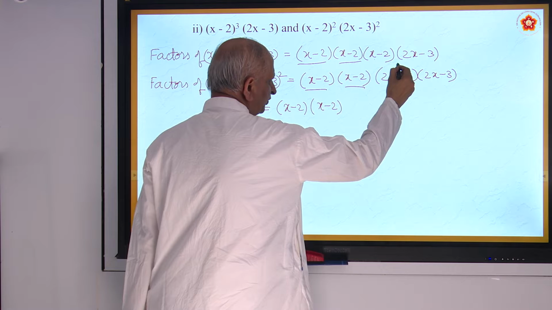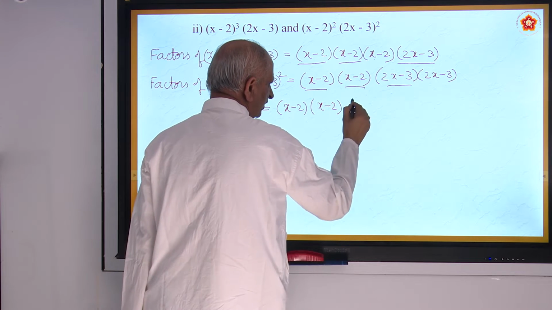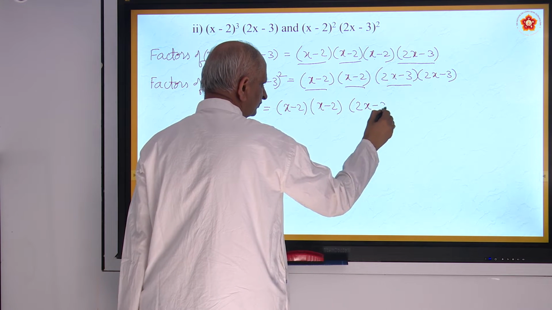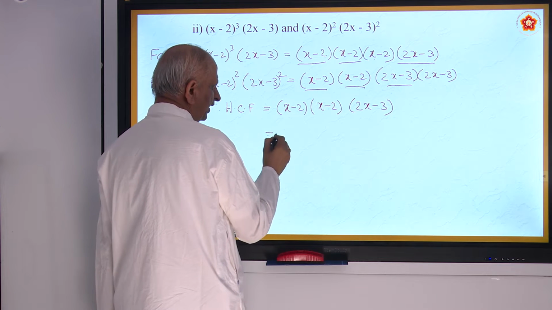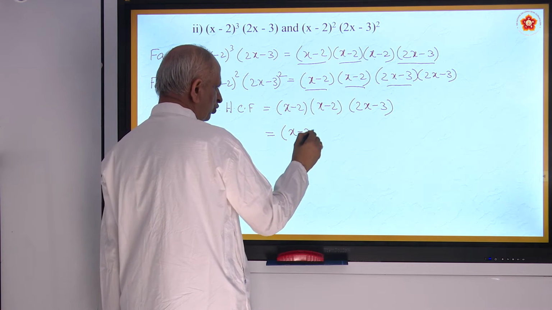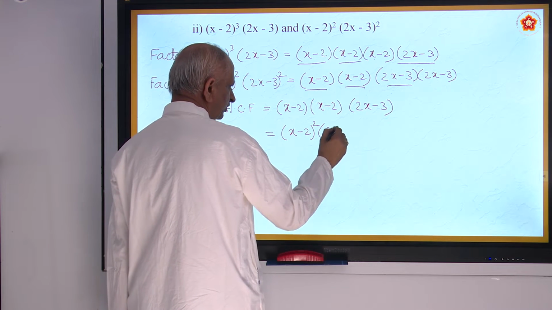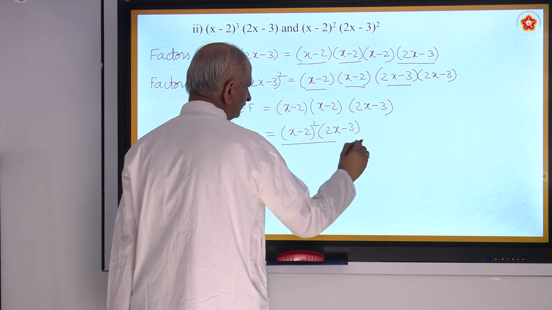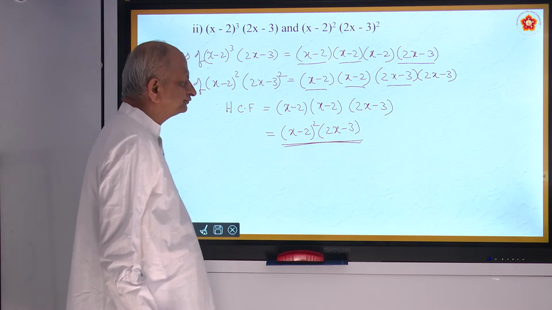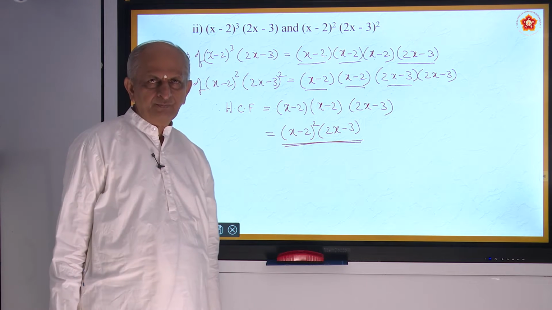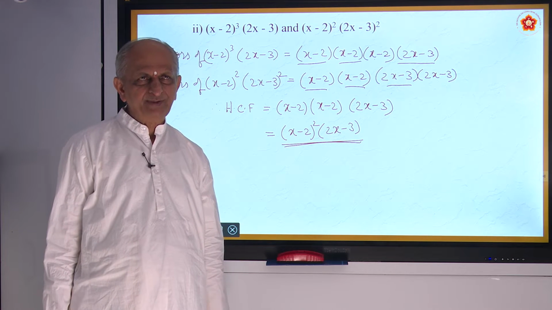And here, how many 2x minus 3? 1 here, that is common. Then you write (x minus 2) whole square into (2x minus 3). That is the HCF: (x minus 2) whole square into (2x minus 3).